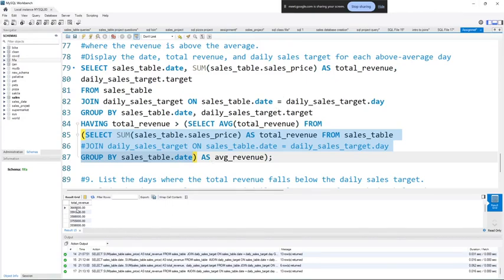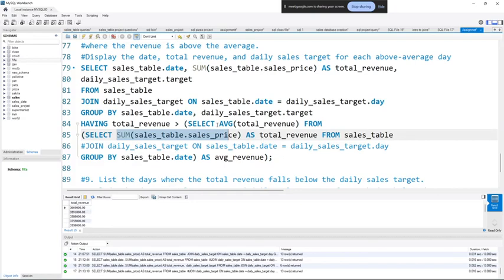I can only get it if I've first gotten how much I'm making per day, which is what we did here. I will now say select average of that total revenue that we just calculated. You know, we calculated total revenue. Look at it. All these things that we have here, we call it total revenue.